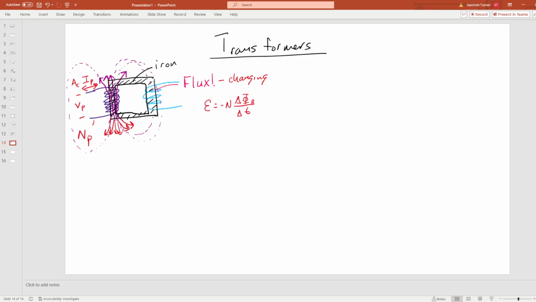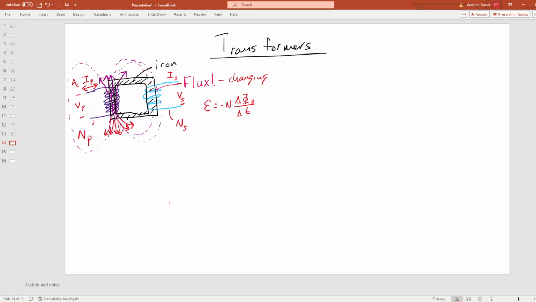Now, the entire point here is that you can adjust what your current and your voltage is in this induced coil, or what we call the secondary. So our secondary has NS turns, and it will be held at a voltage Vs, and it will have a current Is running through it. Okay?